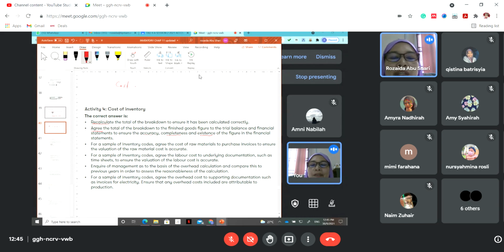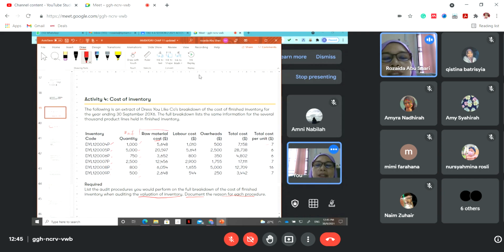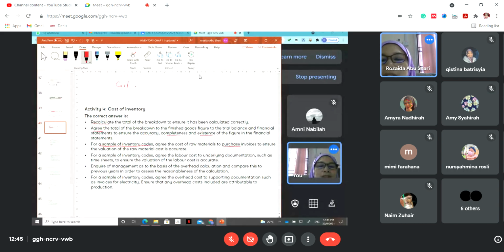For a sample of inventory codes, agree the cost of raw material to the purchase invoice to ensure that the valuation of raw material cost is accurate, your objective. This is your verb, agree. This is your noun and this is your objective. So the document that you use is the noun, the document, purchase invoice.